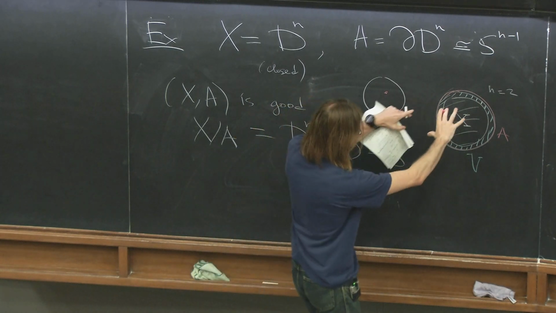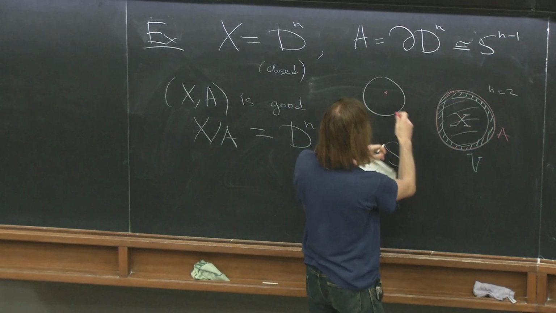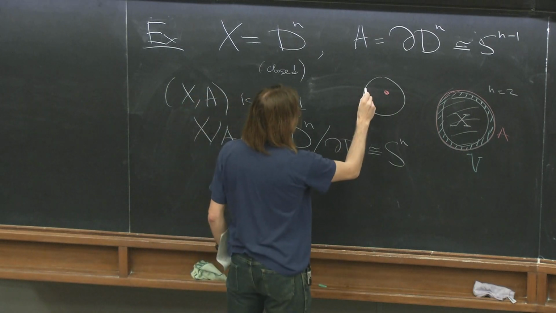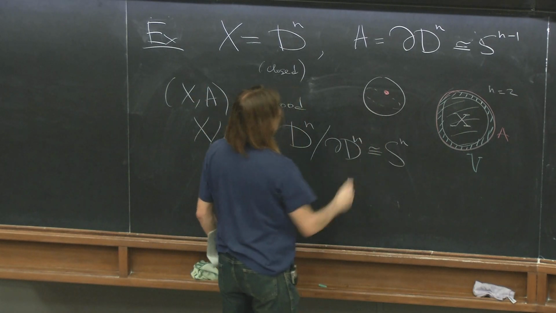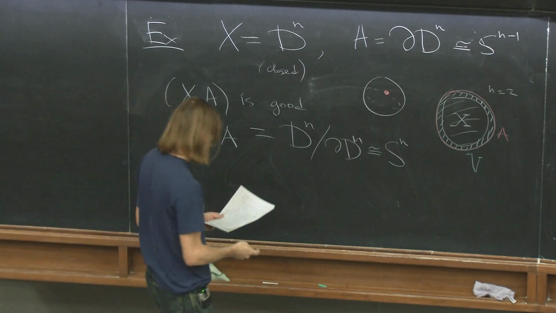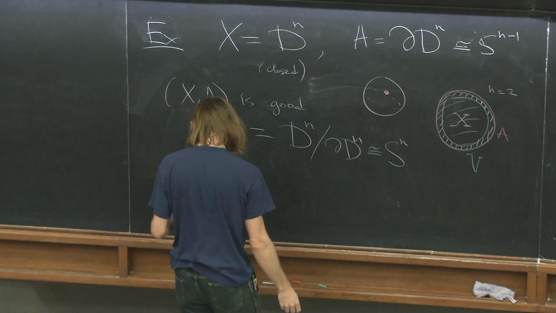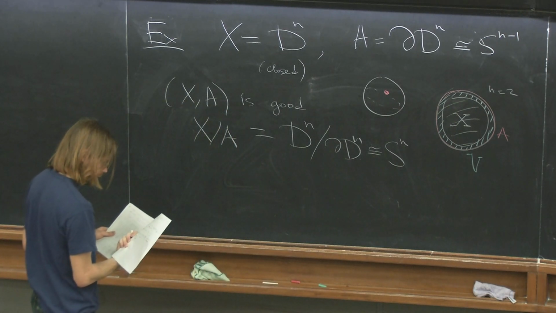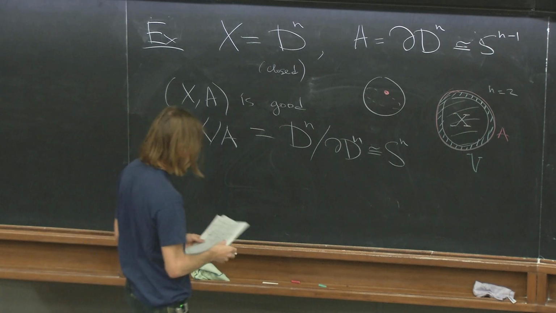You collapse everything to a point, and this point is just one point on this sphere.